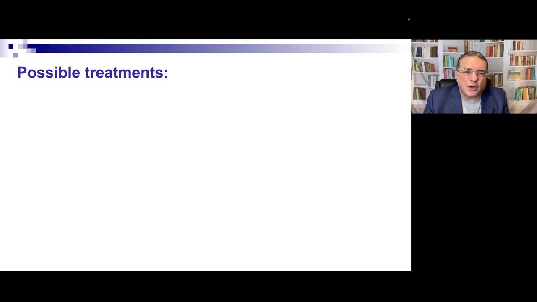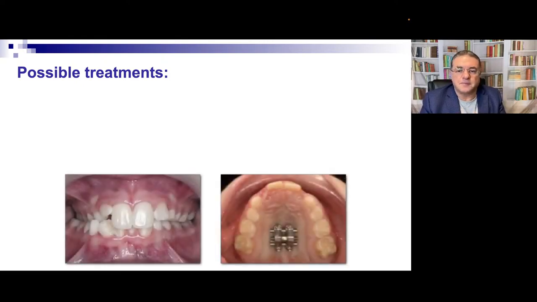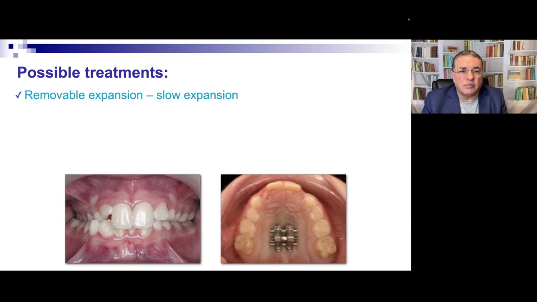What are the possible treatments that we usually do in class 3 patients? Most of them, we have to do some arch development or use some removable expander. I don't like to use them that much.